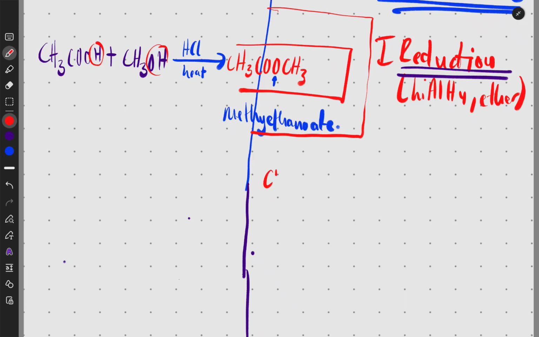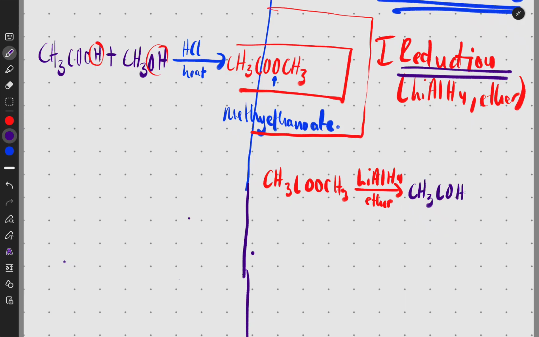So we can say that we have CH3COOCH3. Then if we put LiAlH4 in ether, what are we going to get? We are going to get CH3CH2OH.